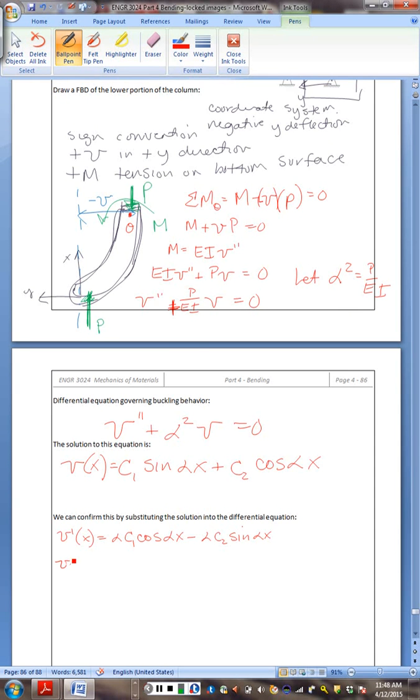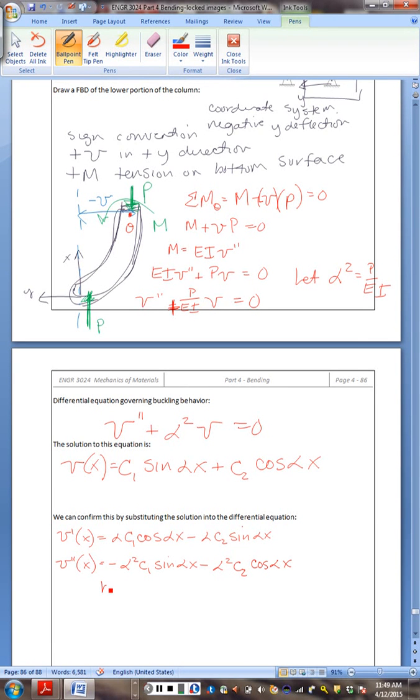Take another derivative, v double prime, we get another alpha term, and we have a minus, so minus alpha squared c1, back to sine, and we have derivative of sine is cosine, so minus alpha squared c2 cosine of alpha x.